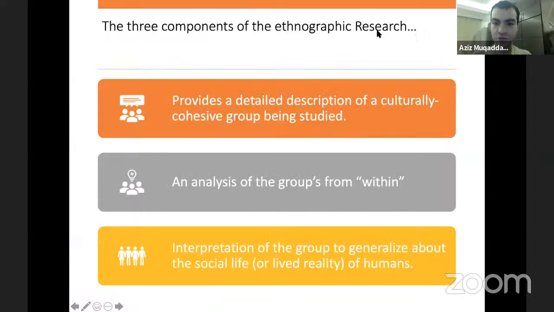So there are three main components for ethnographic research, and they can tell you why it is important in research. It's from the point that I was just saying. It's about a cohesive group of people. You're not studying individuals per se.